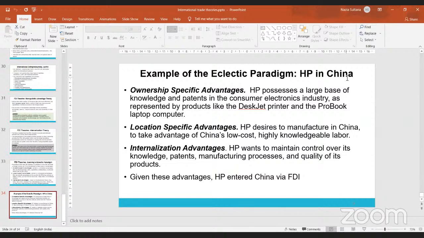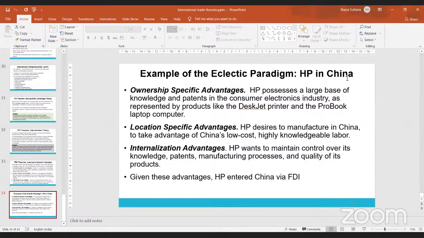So ownership advantages, location advantages, or advantages of internalizing. Then HP, if they get all these advantages, will enter China through the route of FDI. If these advantages are given to them by India, then they will enter India through the route of FDI.